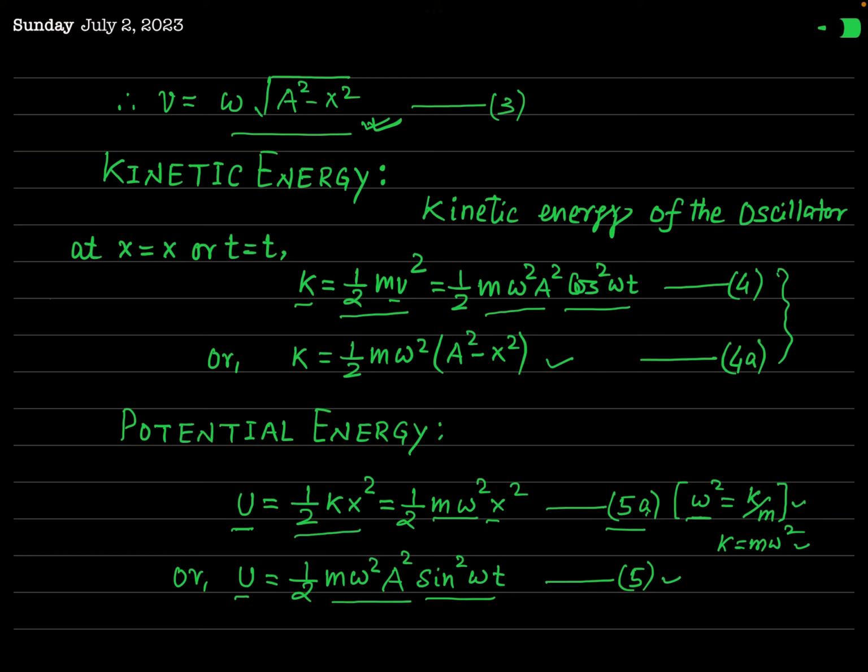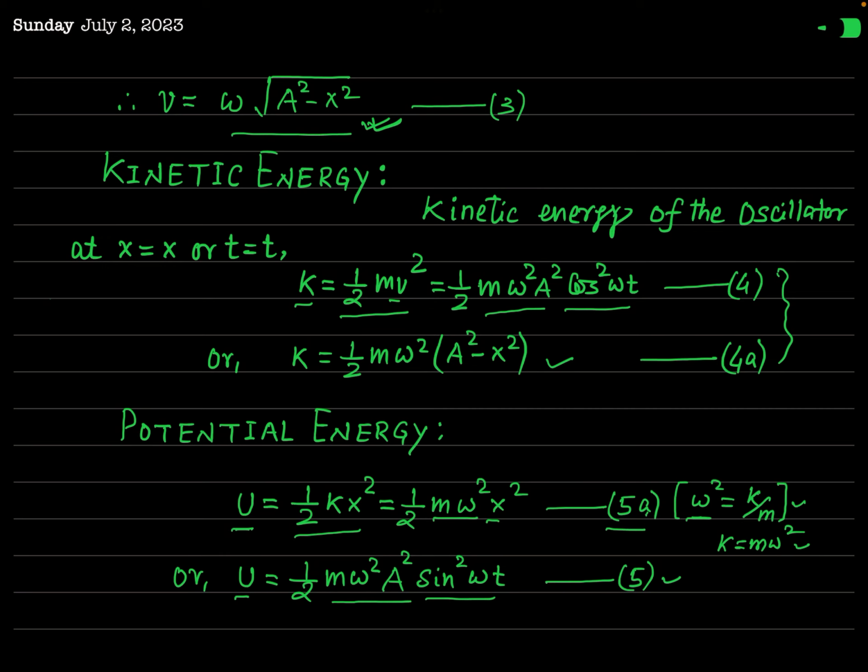So in this way we have calculated kinetic energy and potential energy of the harmonic oscillator as a function of time t and as a function of position x, and we find that both of these energies vary with time and position.